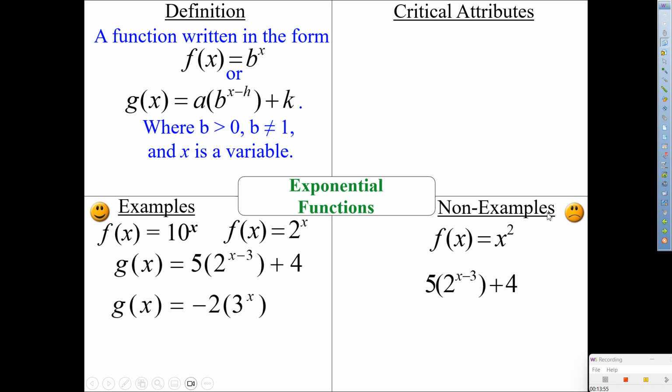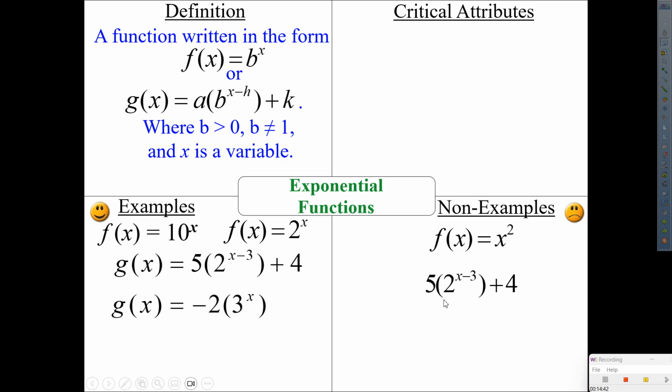Pretty good. Let's go with someone that we haven't called on. How about Sean? Why do you think the first one is not an exponential function? Base is not a number. That is correct. And also, what is the second thing, guys, that you notice? That the exponent is not a what? A variable. That is correct.